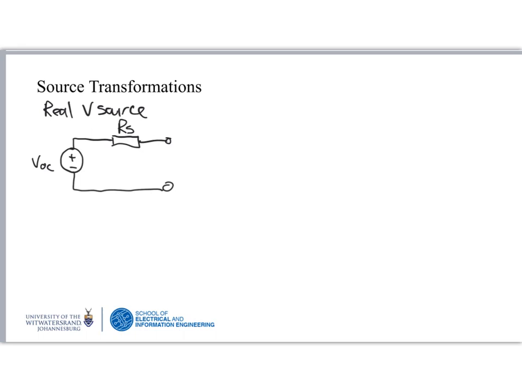We also saw that a real current source could be modeled as an ideal current source with current I short circuit in parallel with a source resistance RP.